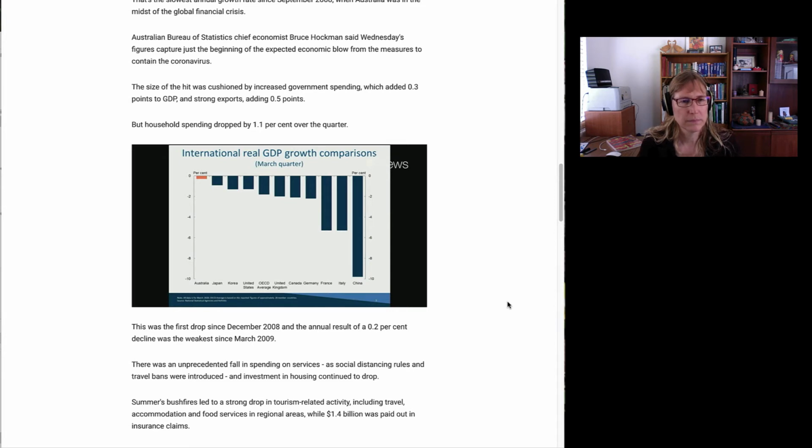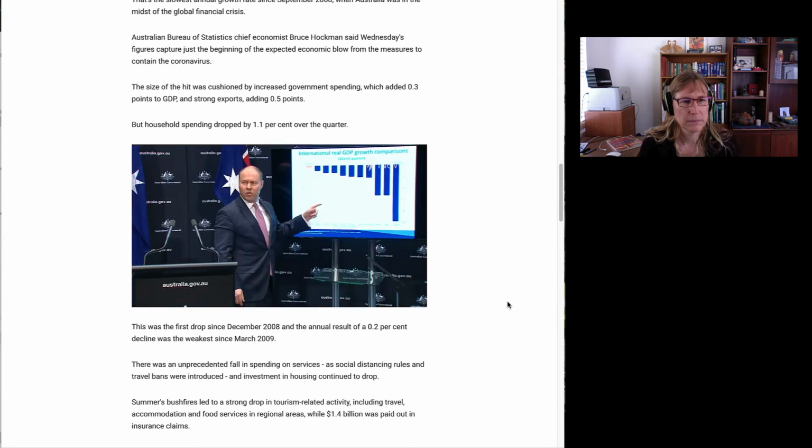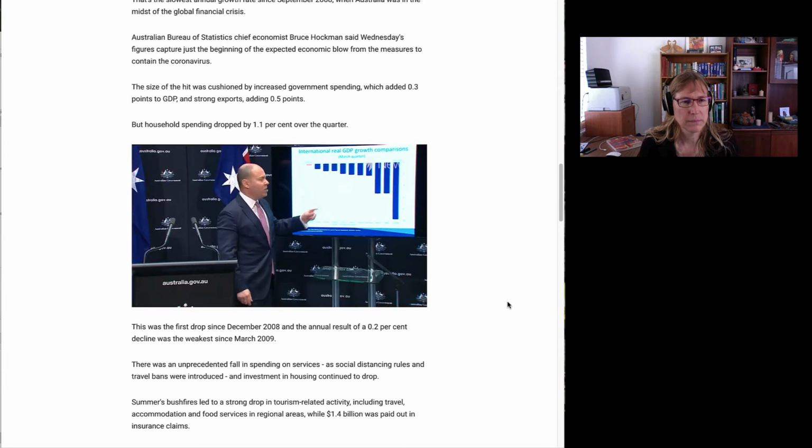The OECD average is more than 6 times what we've seen in Australia. So the average fall across the OECD is 6 times what we've seen here in Australia.